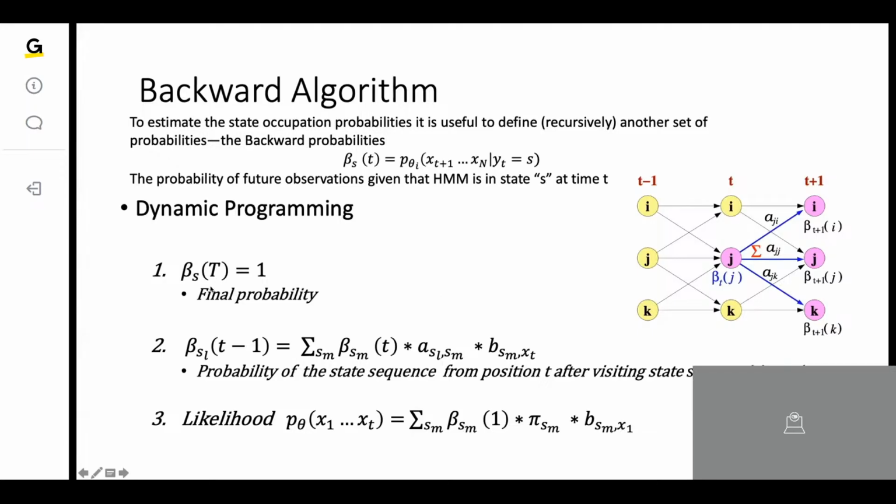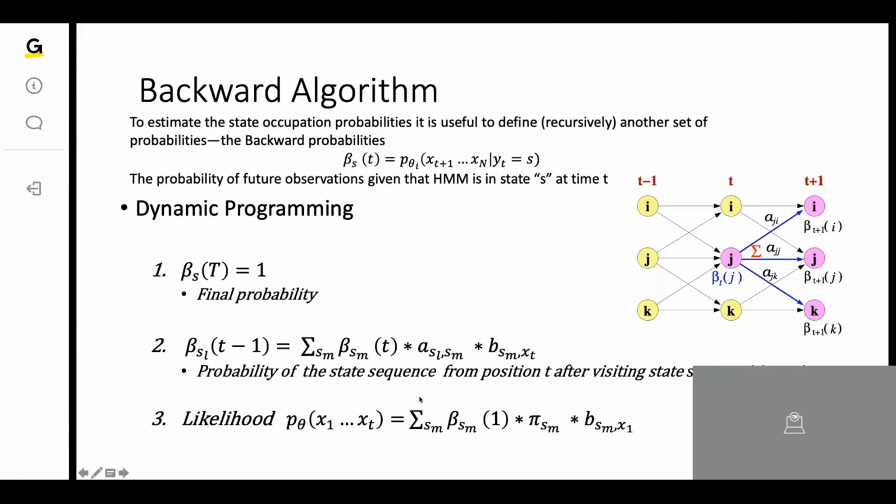So we initialize beta s of t, the final probability, to be equal to 1, and then beta t minus 1 is computed recursively using future betas, the transition probabilities, and the observations in the future states.